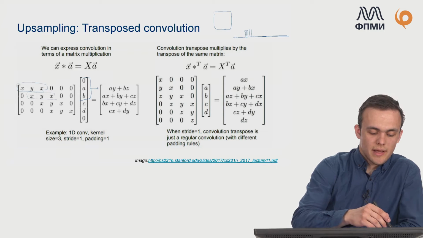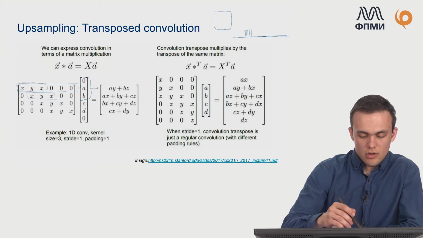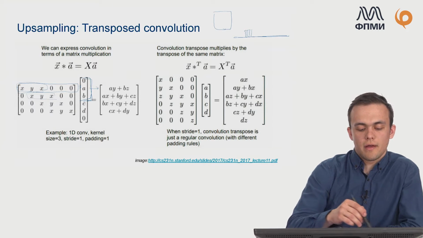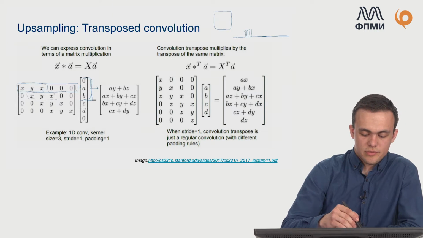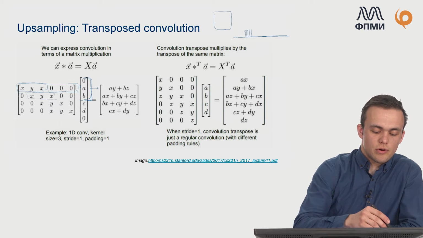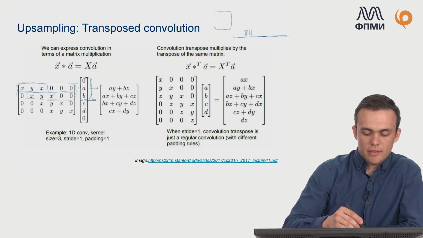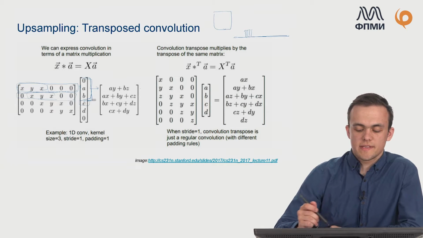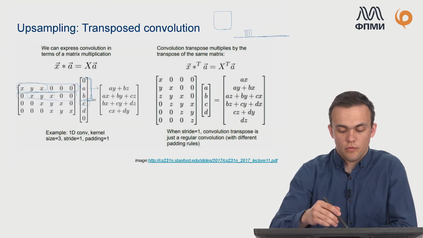So when you multiply this one by this vector, you're looking at the first three values, and these are zeroed out. And when you're applying this row, you're looking at this one, and so on. So you obtain, in this case, four outputs for this filter.